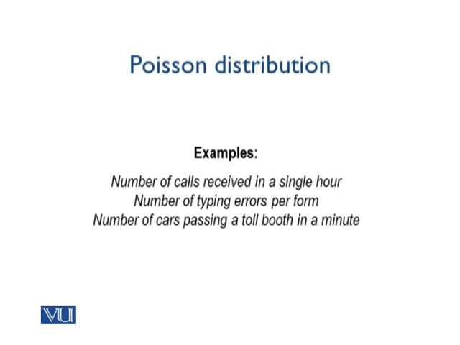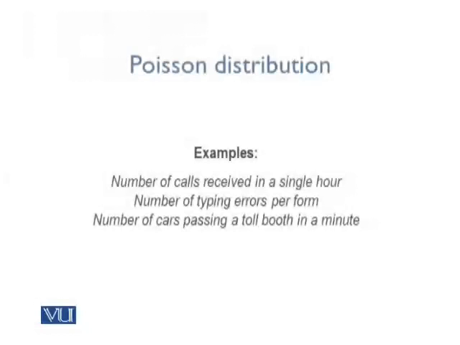The number of cars that pass a toll booth in a minute: ignoring the possibility of cyclostationary characteristics because of time of day, assuming we're given a rate which is going to remain constant, then using the Poisson distribution we can calculate the probability for different numbers of cars passing the toll booth.